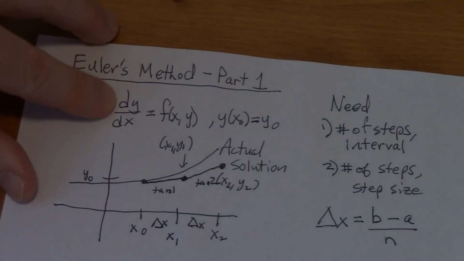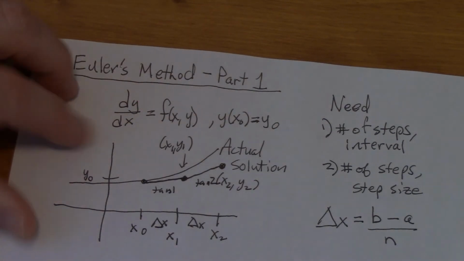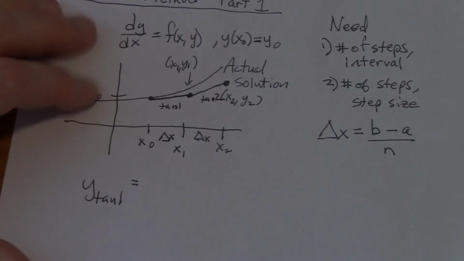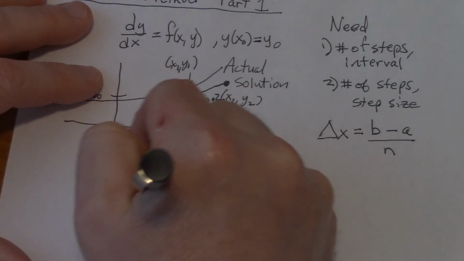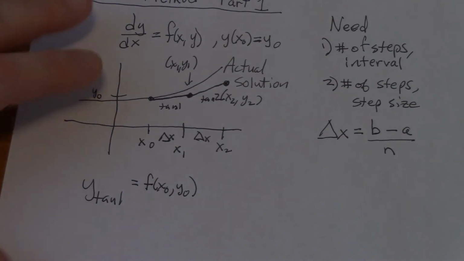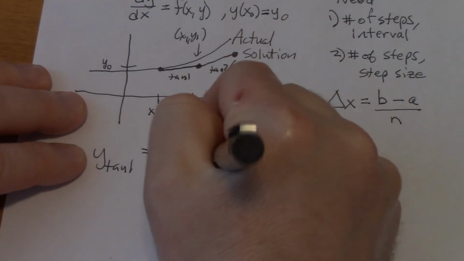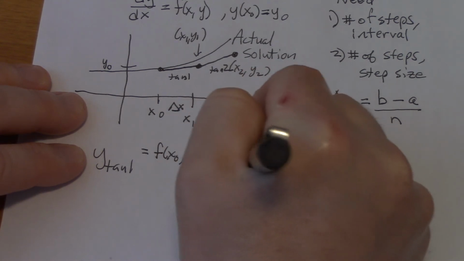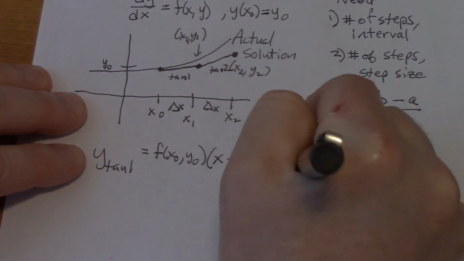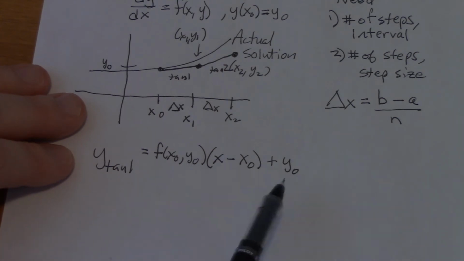Now up here we have dy/dx in terms of f of x, y, and we know an x and a y. So we would substitute x0 and y0 into that right-hand side, and that would be the slope of that tangent line. And then that would be multiplied times (x minus x0) plus y0. So all I've done there is write the equation of the tangent line at x0, y0.